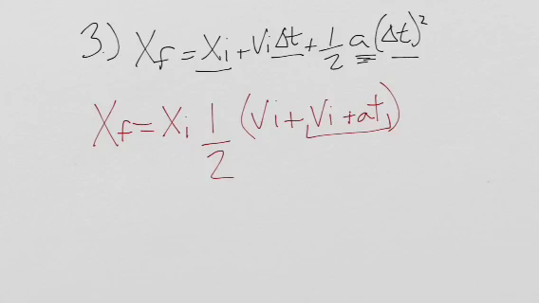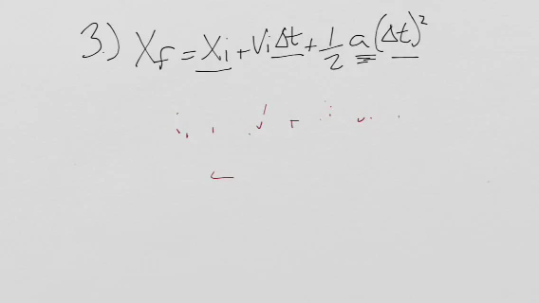So what ends up happening here is you end up getting this, okay? You end up with the actual equation above by substituting in, instead of that vf, that additional vi plus a delta t, okay?